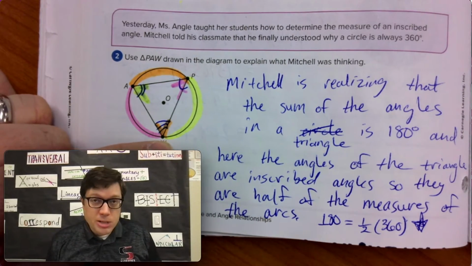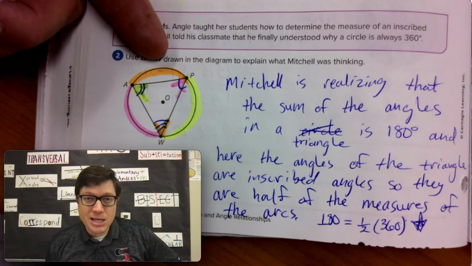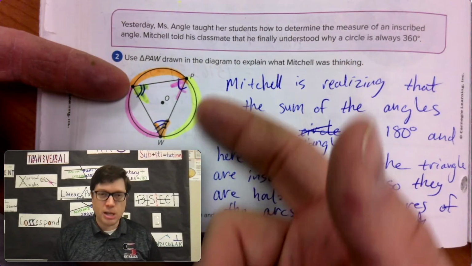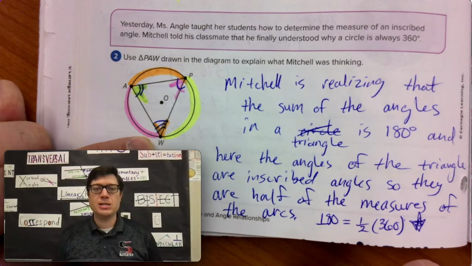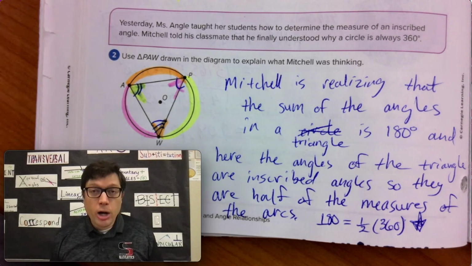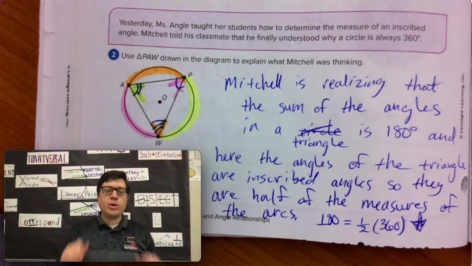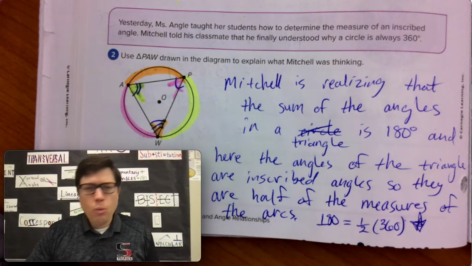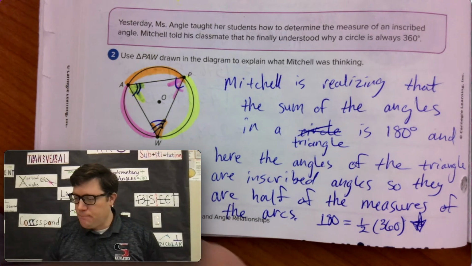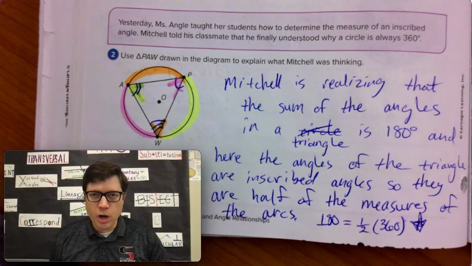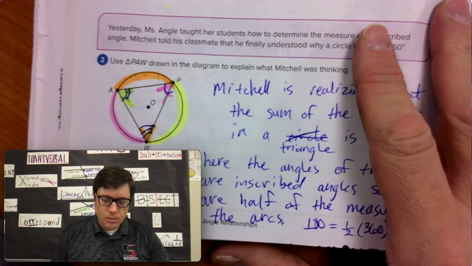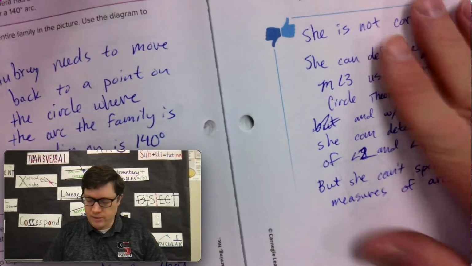So whatever angle W is, you would double it to get arc PA, and double to get arc PW, and also double angle P to get arc AW. So doubling 180 degrees gives you 360. What a roundabout way of proving to yourself that you know how big the measure of a circle is. Let's go to page 377.